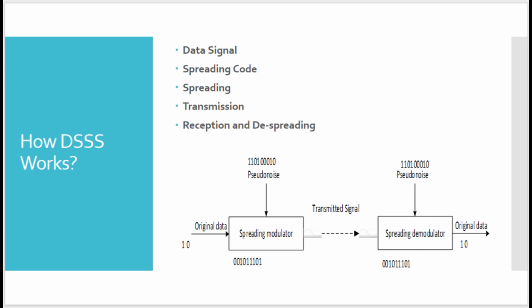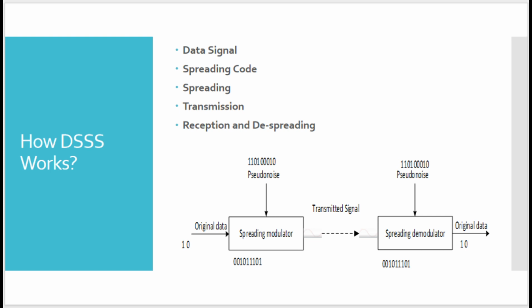That chip makes the original data signal close to a noise level signal, and the spreading modulator distributes the transmitted signal over a much wider band.